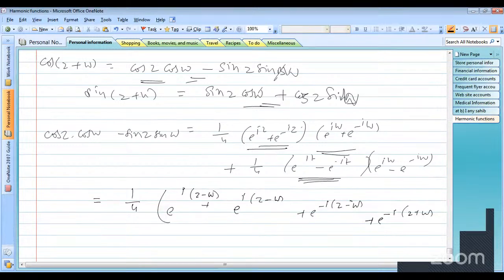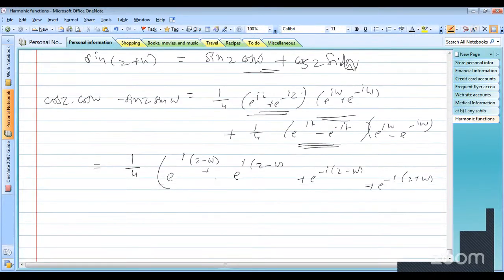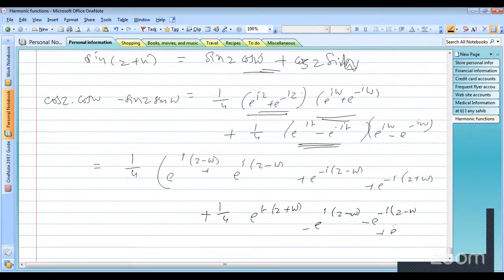Then again we take the sin term: 1 by 4 (e^{i(z + w)} minus e^{i(z - w)} minus e^{-i(z - w)} plus e^{-i(z + w)}). Simplifying by the above equation, this is also z plus w.